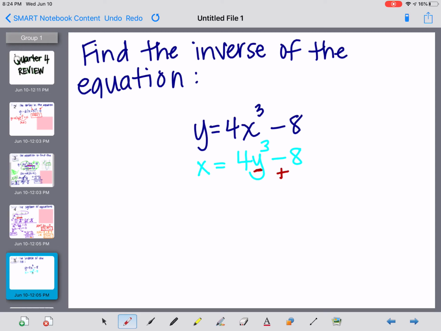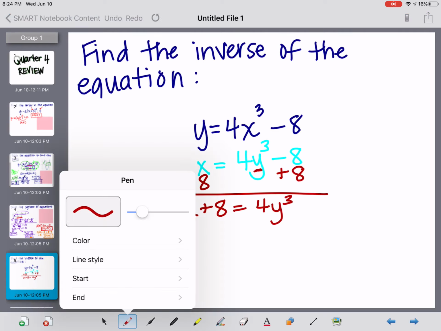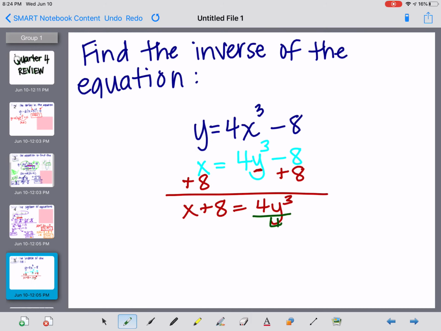So the first thing I'm going to do is get rid of that 8. So I get x plus 8 equals 4y to the third. Now I still need to get rid of that 4 because the 4 is not being cubed. So the next thing I want to do is get rid of that 4. So I'm going to divide by 4.